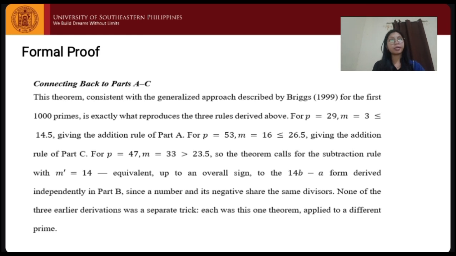Therefore, this theorem works not only for 29, 47, and 53, but for every prime number that does not divide 10. So this shows that our earlier divisibility rules were not isolated tricks, but special cases of one general mathematical principle.